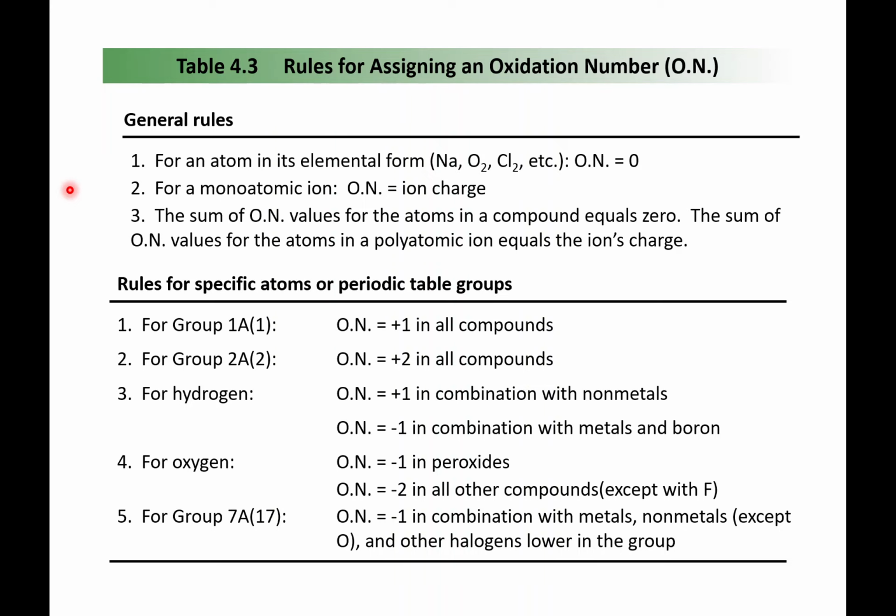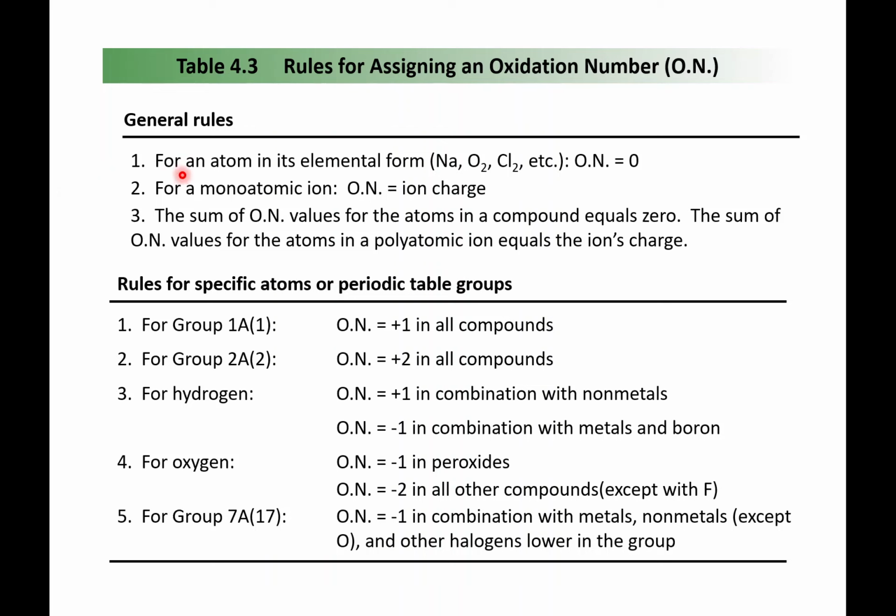If two of the atoms change in their oxidation number from the reactant side to the product side, that's how you know there are electrons being transferred, and that's how you know it's a redox reaction.